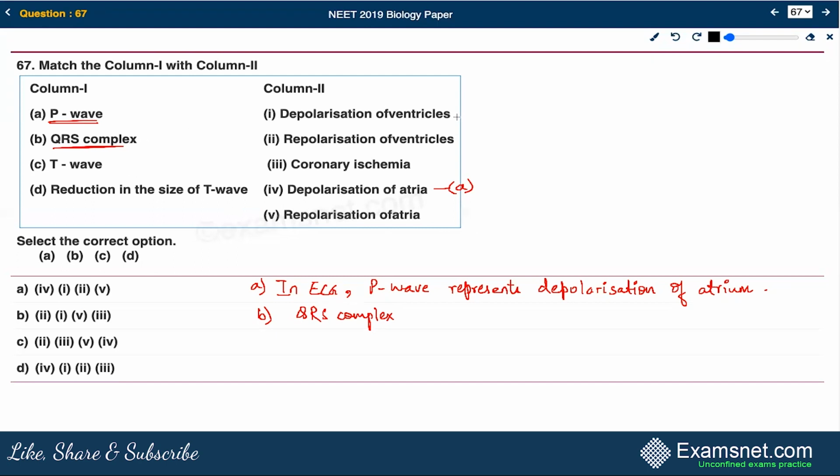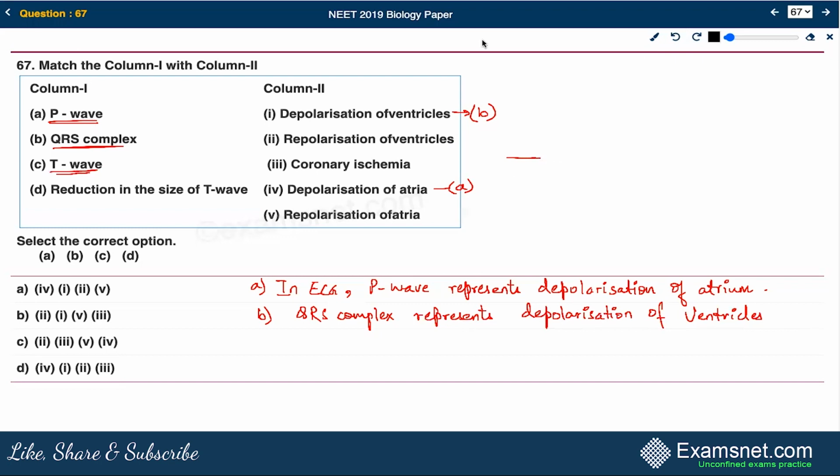That means contractions that will happen in the ventricles. So QRS complex represents depolarization of ventricles. And the last wave is the T wave.